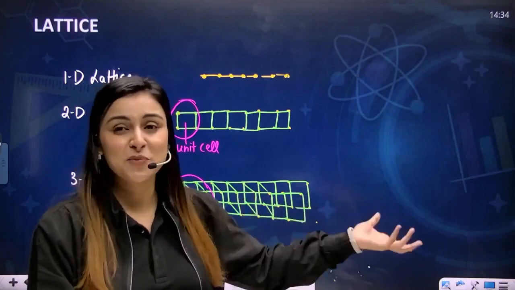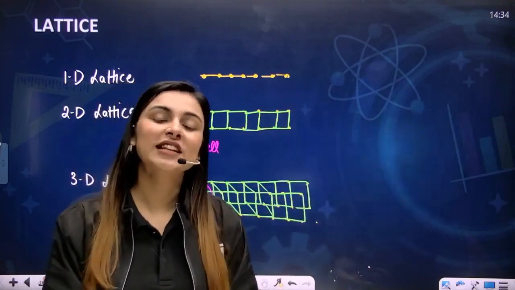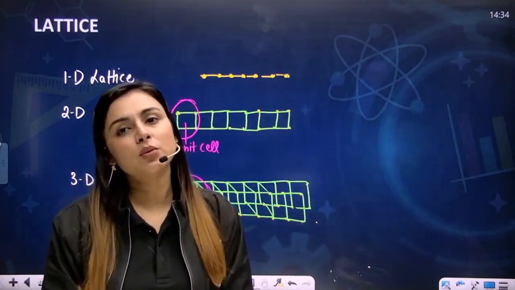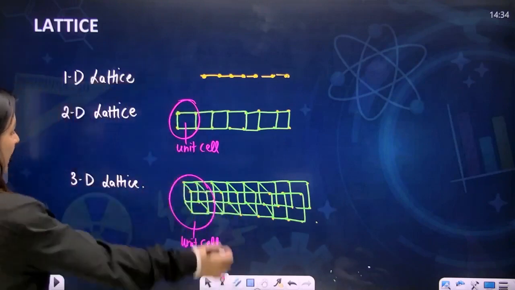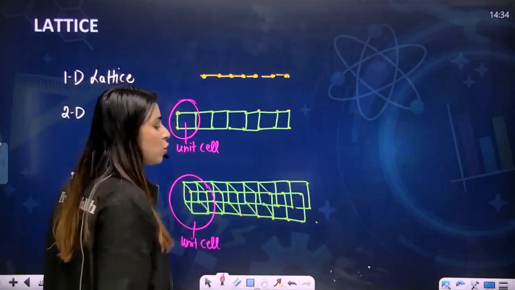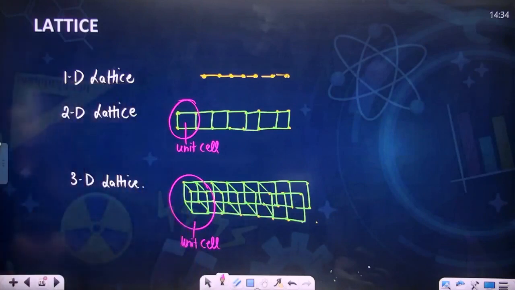Any cube, cubic or rhombohedral or anything, any unit that is repeating itself in the three-dimensional lattice will be known as the unit cell of the three-dimensional lattice. And this whole lattice in total will be known as the three-dimensional lattice. So this is the basic idea of the unit cell and the lattices. I hope you're clear with this. Please pause the video, you can draw it, and then you will see the definitions in the next slide.